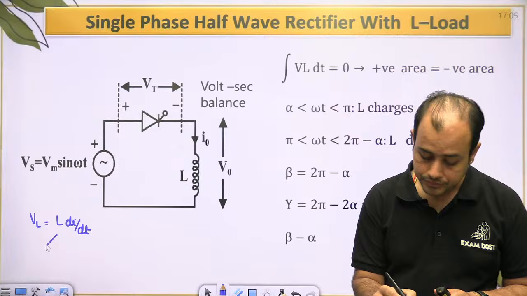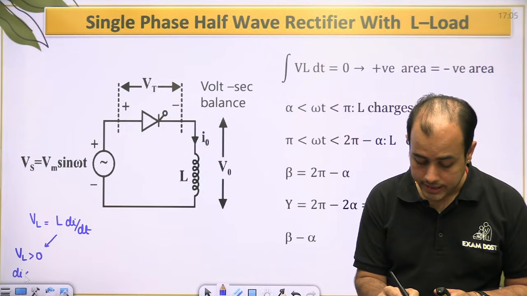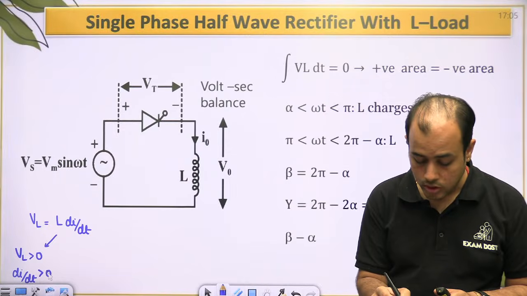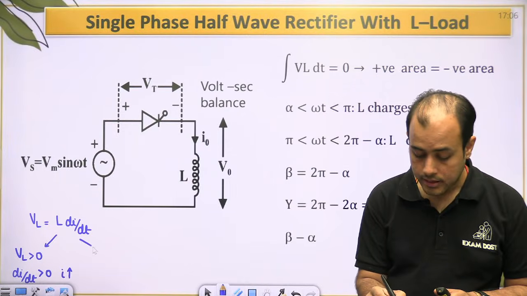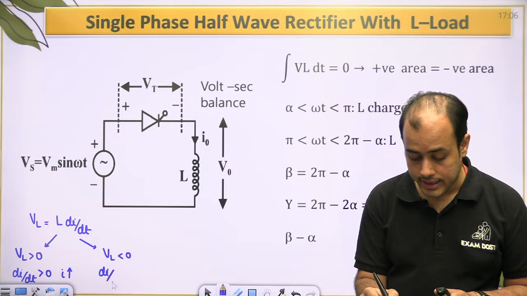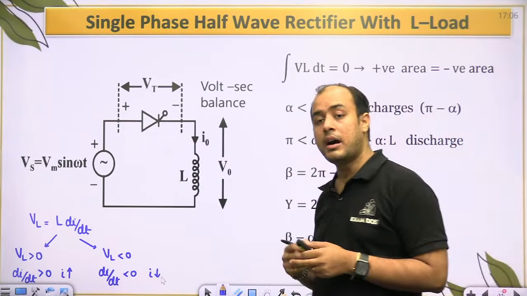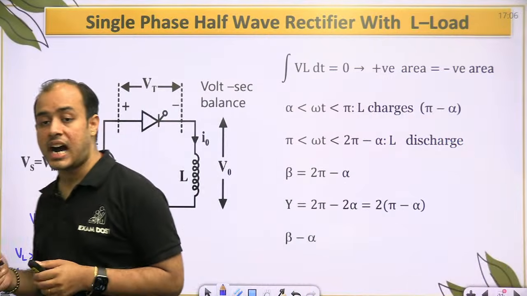So when VL is positive, di by dt is positive, so current increases. When VL is negative, di by dt is negative, so current decreases. So from alpha to pi, it will charge.